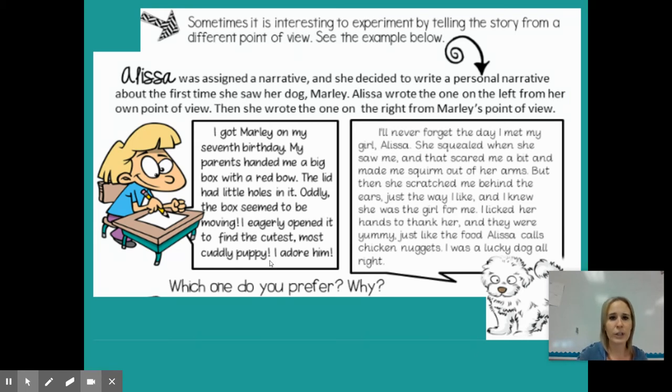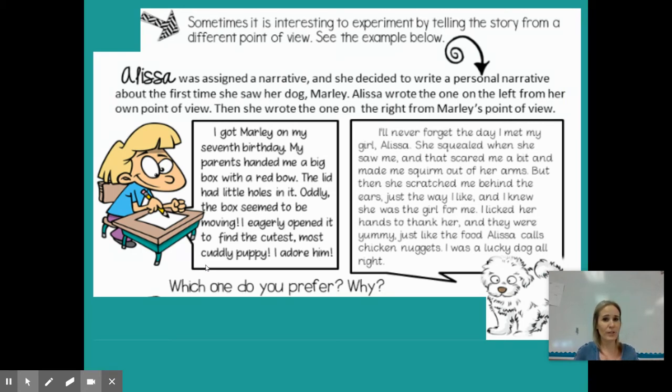I want to talk to you a little bit too about perspective. So this is an example of 2 perspectives, okay? 2 perspectives that you could write from. They both use first person point of view. In the first one, a girl named Alyssa is writing about getting a puppy for her birthday.